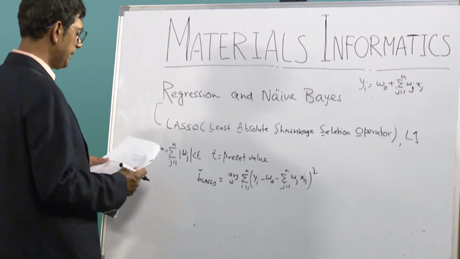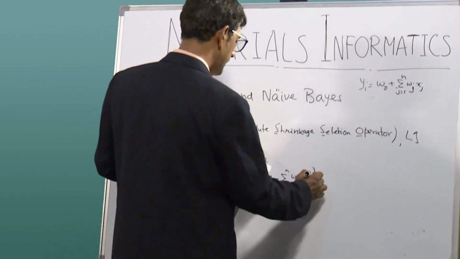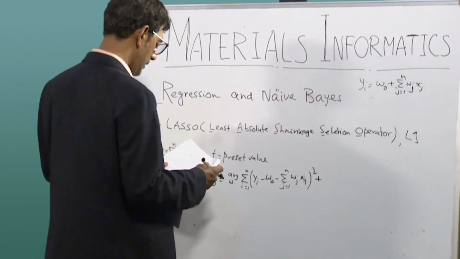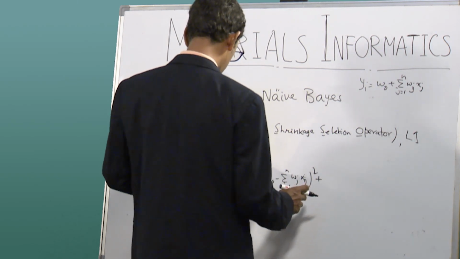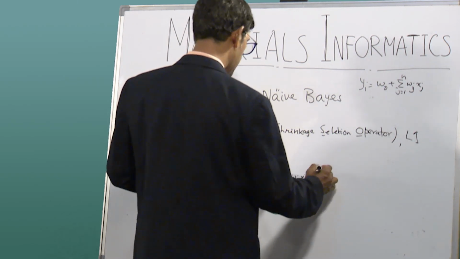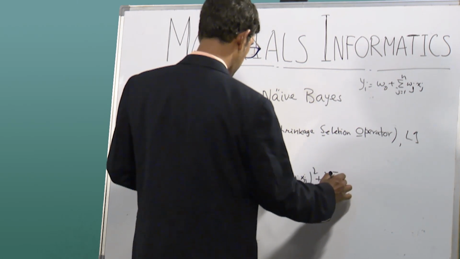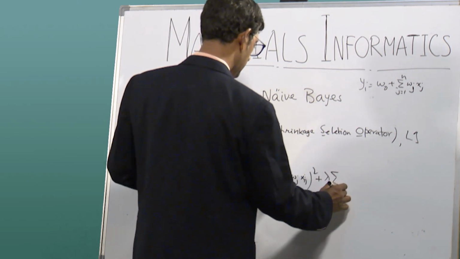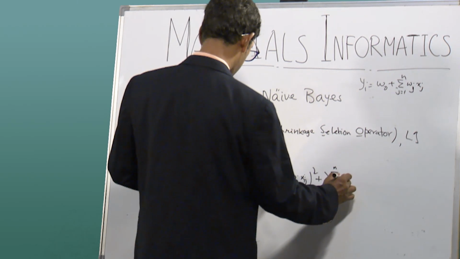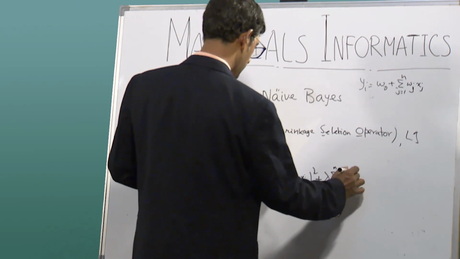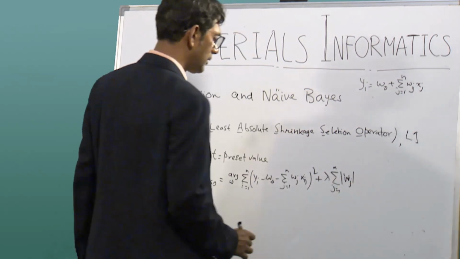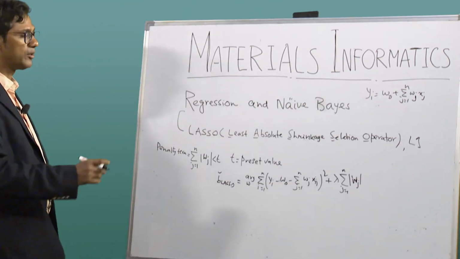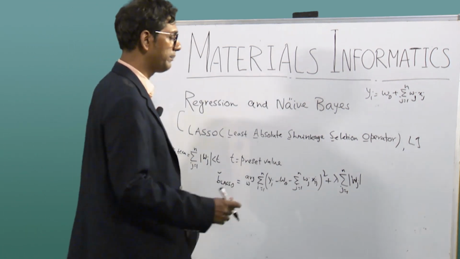And with this we add an additional term, this has to be minimized with respect to w. So, we add an additional term, and let me explain again, j going from 1 to n, correct, that is all. This is how we can predict the values of all the w's.